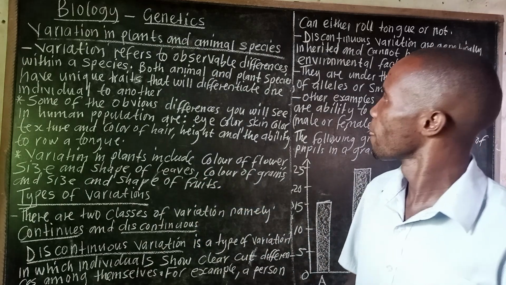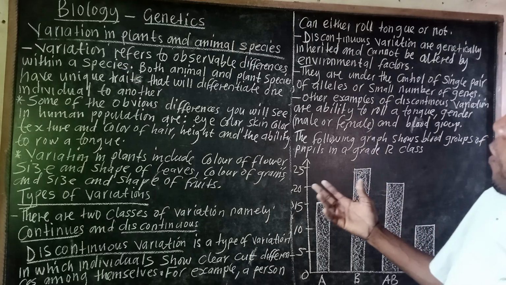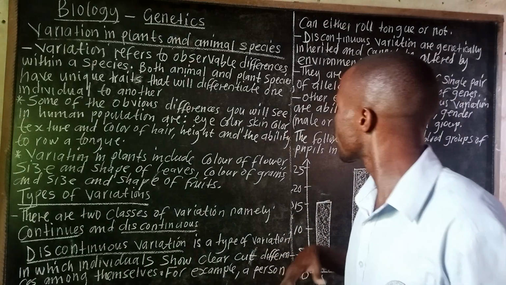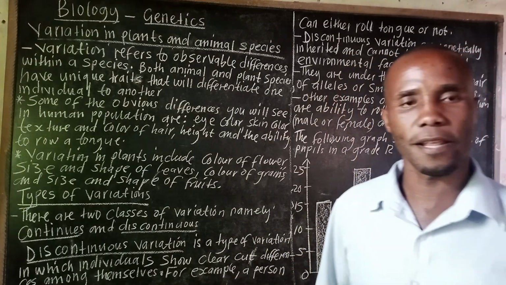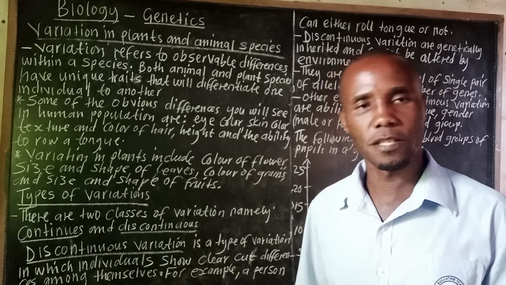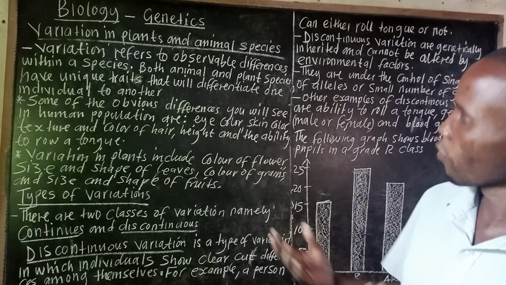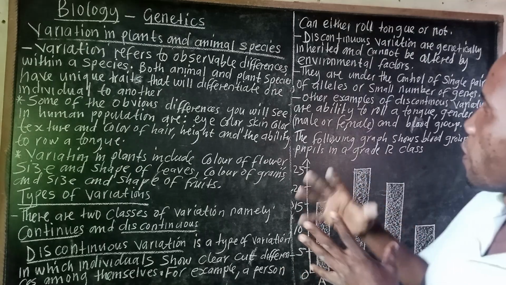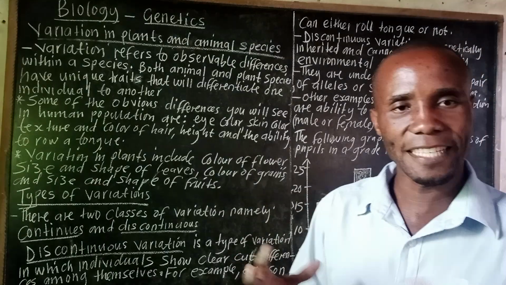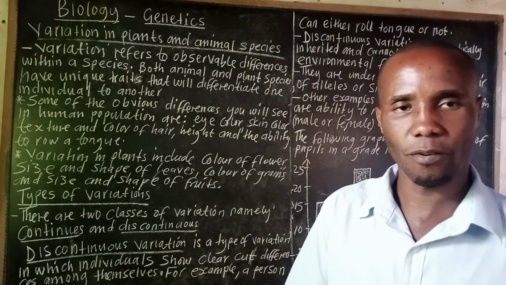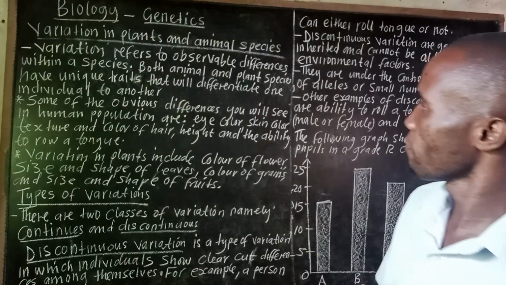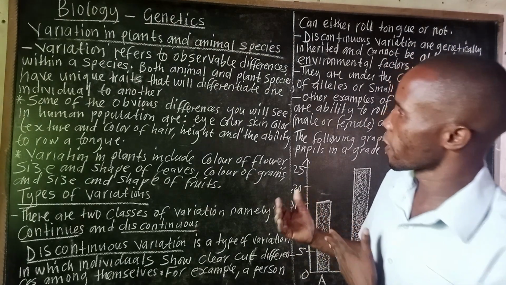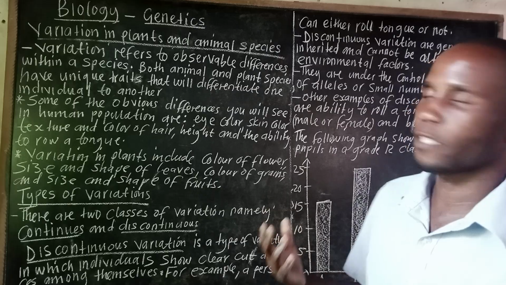Both animal and plant species have unique traits that differentiate one individual from another. Now we are going to look at some obvious differences that you are able to see.